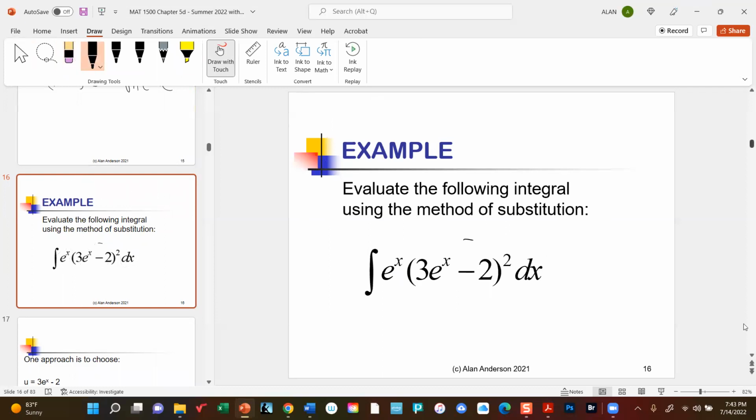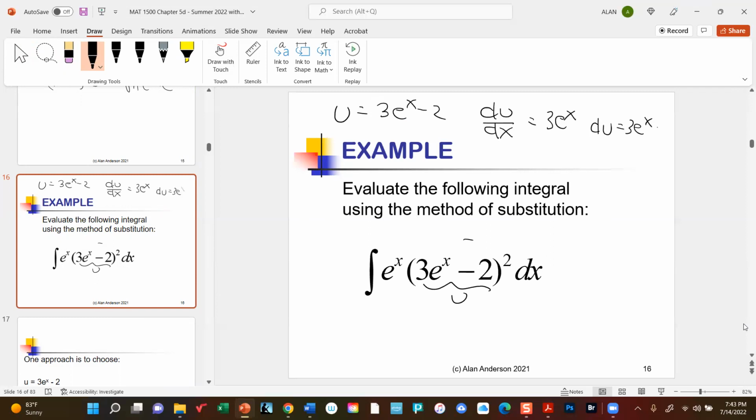What if we just let u be this, all of this? Then du dx is 3e to the x, and so what does that leave us with?